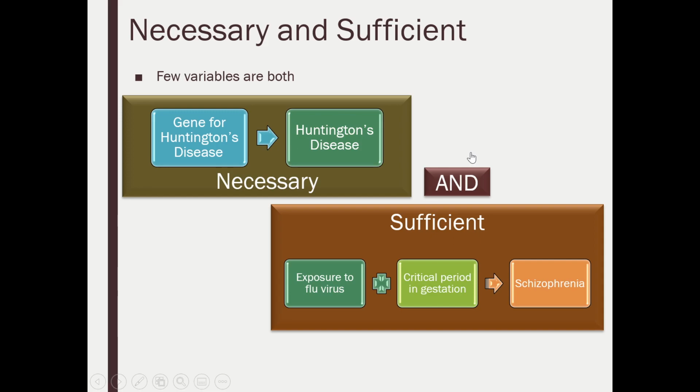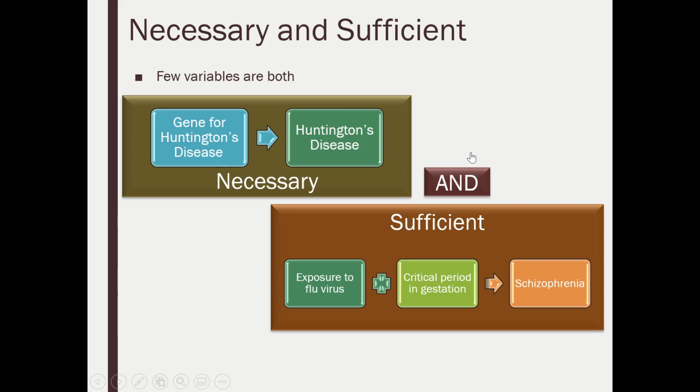Perhaps we aren't at that place yet with the research to know that for sure. But let's pretend that exposure to the flu virus is necessary. It's still not sufficient to cause schizophrenia. It has to be combined with something else, like the critical period in gestation, or potentially a genetic marker that has not yet been defined.